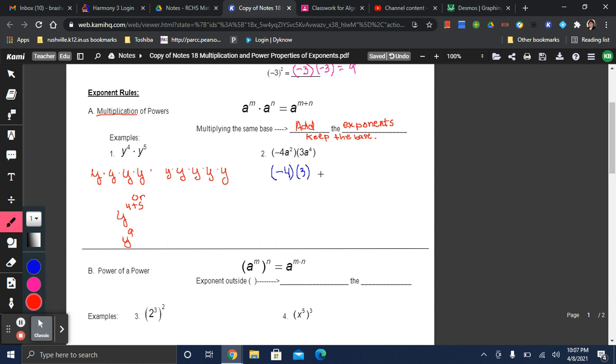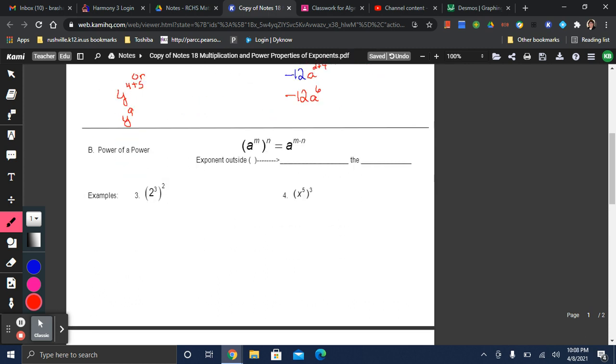But then your powers are the a to the 2nd times the a to the 4th. So we can multiply together the -4 and 3 to get -12. And then for the a, we can add together those exponents so that our final answer would be negative 12a to the 6th power.